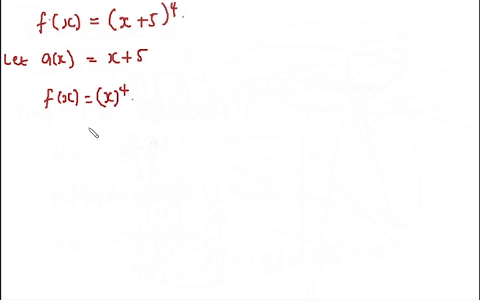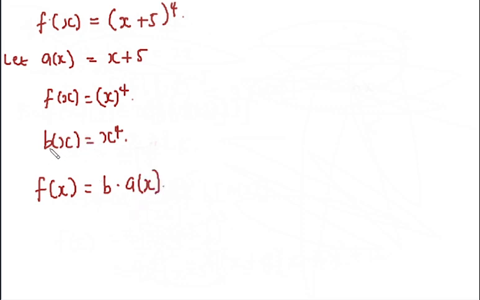Okay, so x to the power of 4 is an operation performed on x. So this means that we can say x to the power of 4 is a function. So we can now say b of x is equal to x to the power of 4. Okay, so to represent f of x in its component forms, we could say f of x is equal to b composed of a of x.